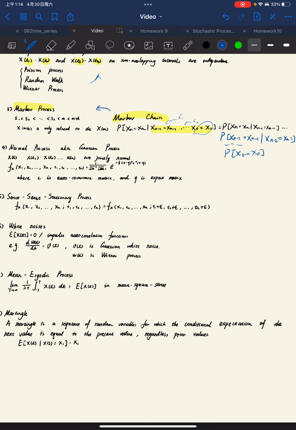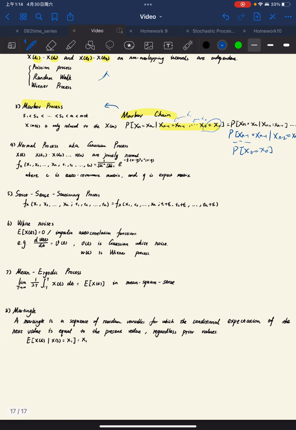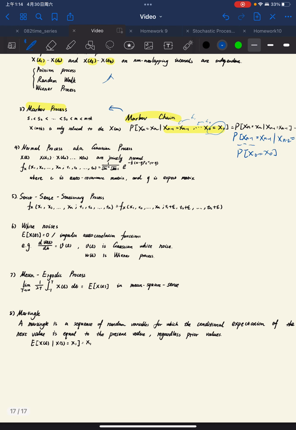So the past has no influence on the future when the present time is known.